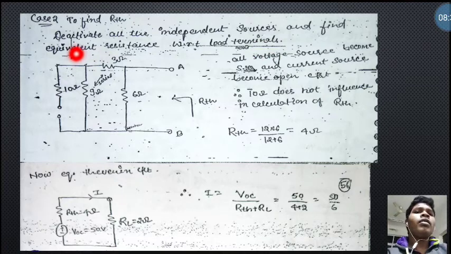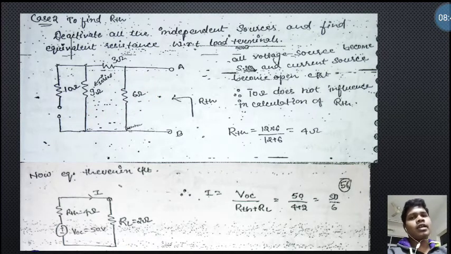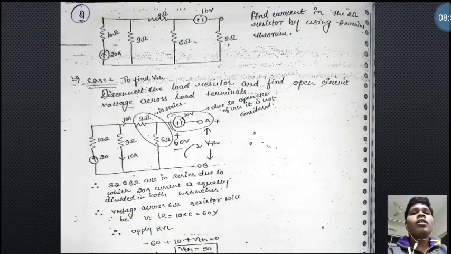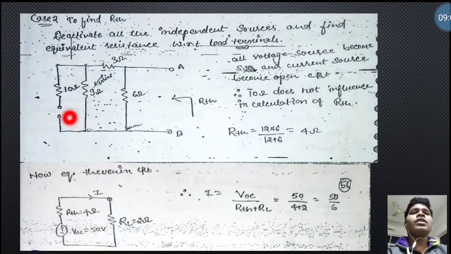The independent sources can be neglected by open circuiting or short circuiting: a current source is open circuited, and a voltage source is short circuited. Here only a current source is there, that is 20 ampere, so we open circuit that 20 ampere.